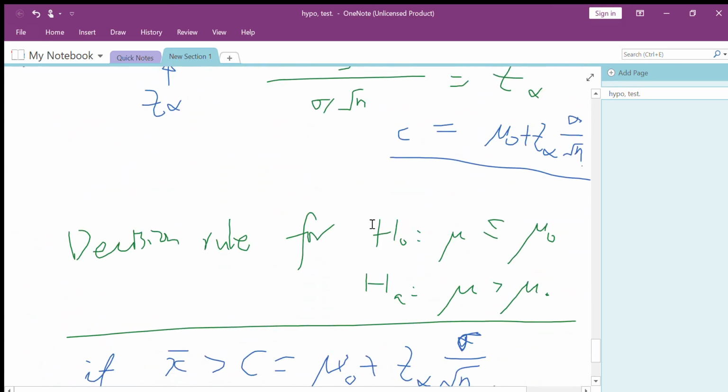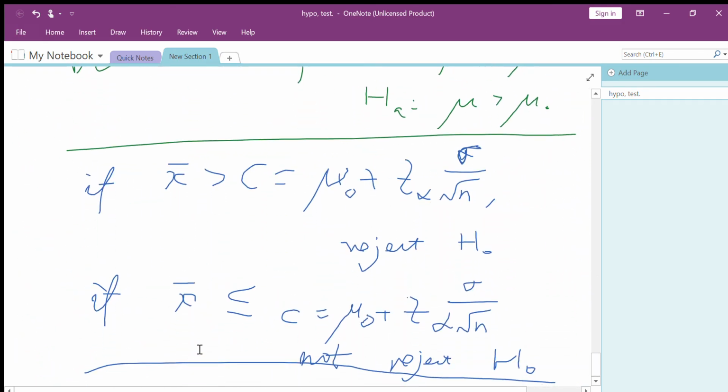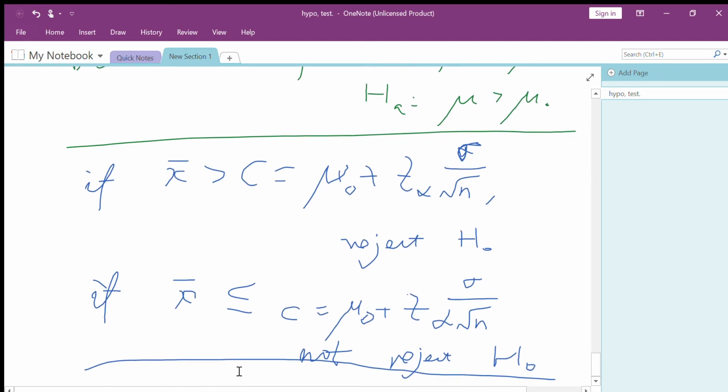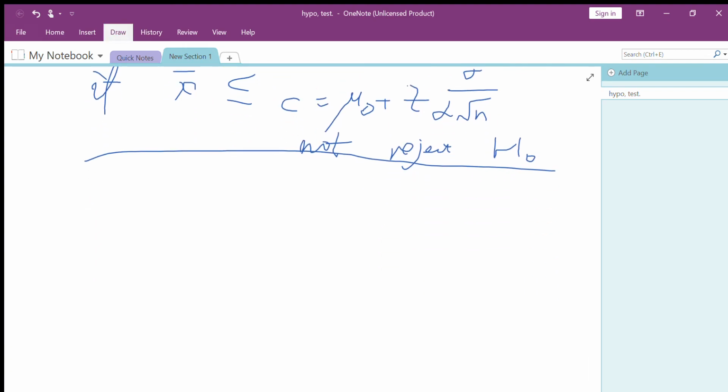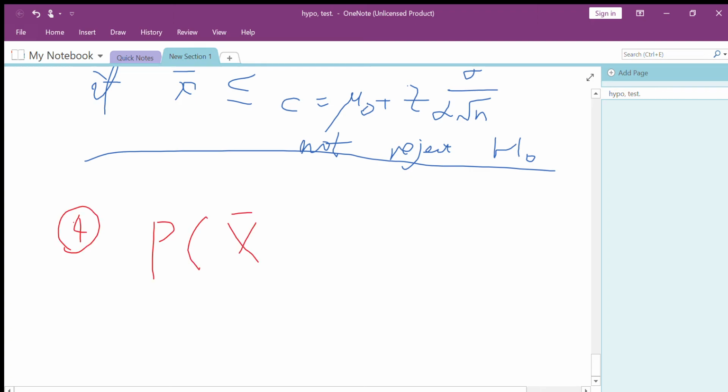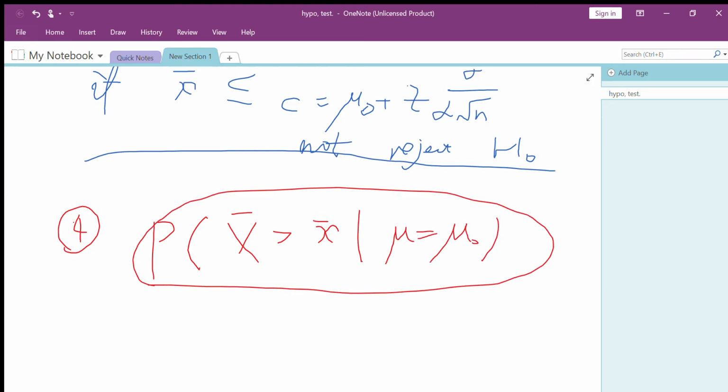What do I mean by saying this? Let's write it again. In our original first step, what is the probability? The probability is capital X bar greater than small x bar, given H null is true, where we plug in the equal sign in H null. And to propose a decision rule, we substitute small x bar with small c, given mu equals mu 0.